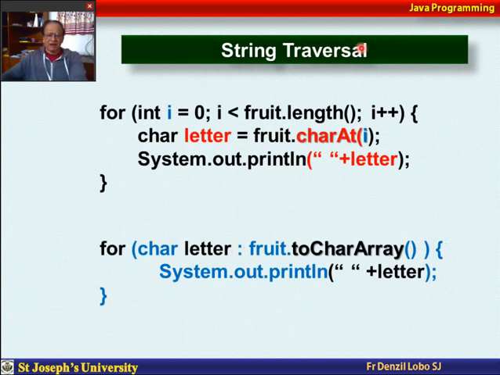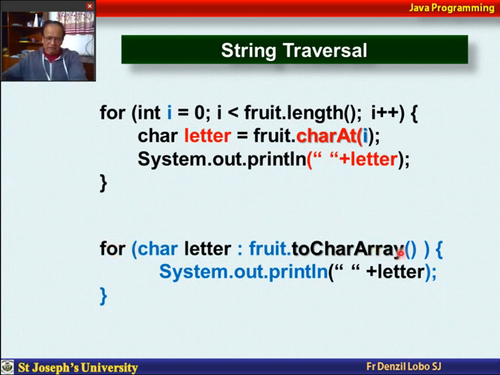We'll come to string traversal. As you remember, I can traverse the string, with the index starting from 0 up to the length, and it is going to print all the characters one by one which are present in the string. I can also convert fruit to a character array, and with that I can use the enhanced for loop.